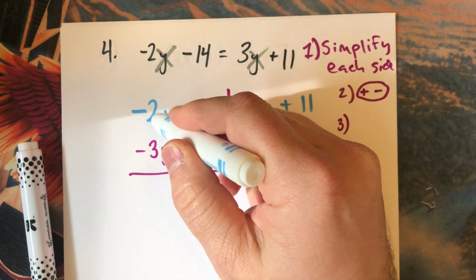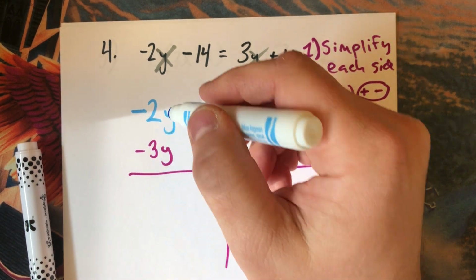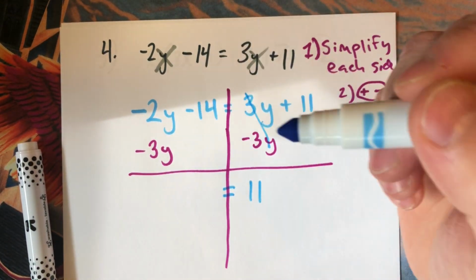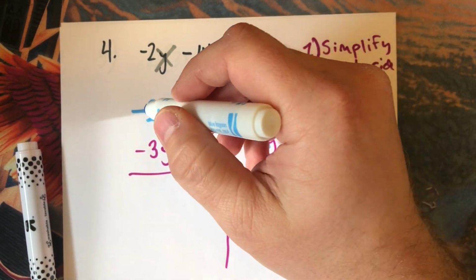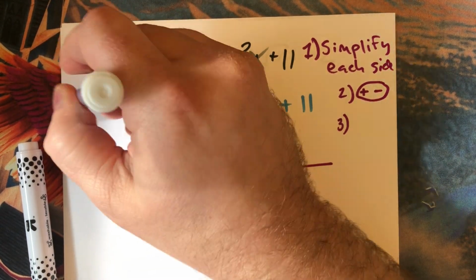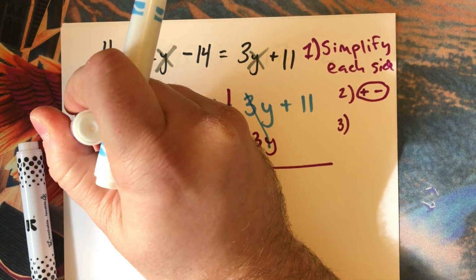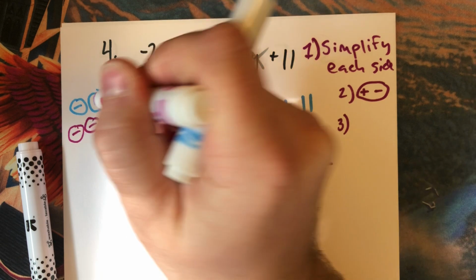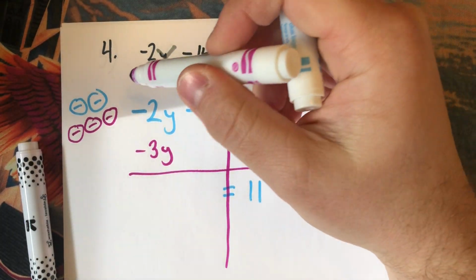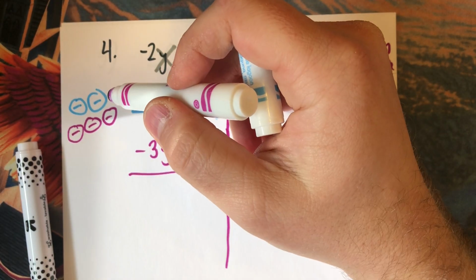Over here, I have negative 2y and negative 3y. Now, we are adding and subtracting here. So since we're adding and subtracting, you could think about it like this. I've got two little negatives, 3 more negatives. Positives and negatives when we're adding and subtracting cancel each other out.